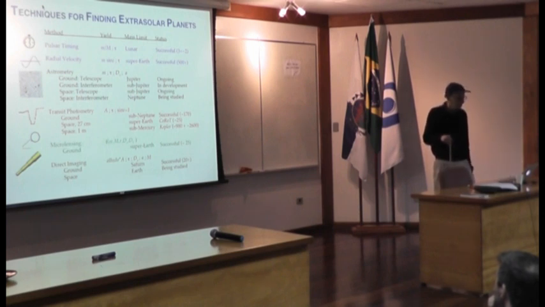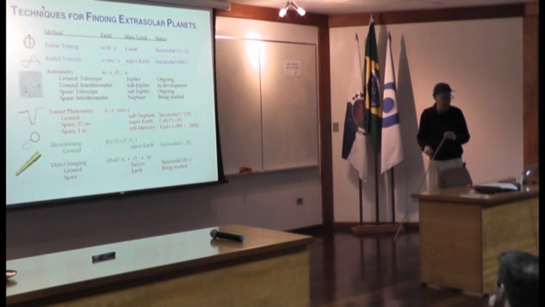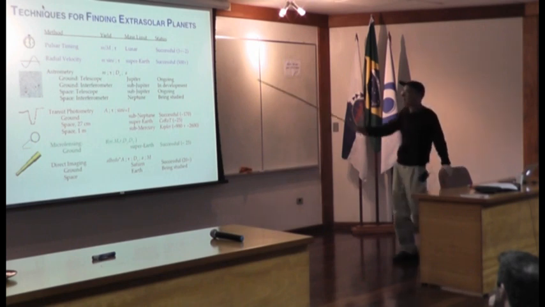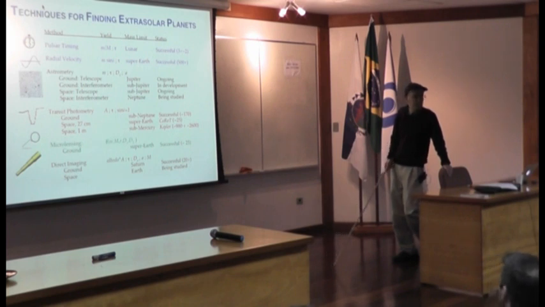Transit photometry. This is the partial eclipses. And it's found from the ground, smaller than Neptune, even smaller from a small space telescope the French launched a little before Kepler, and then much smaller.